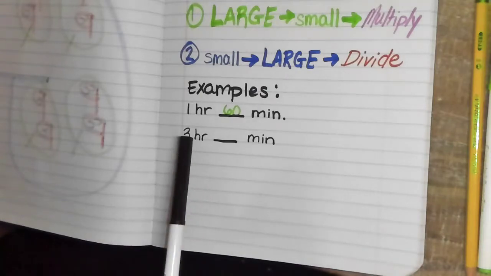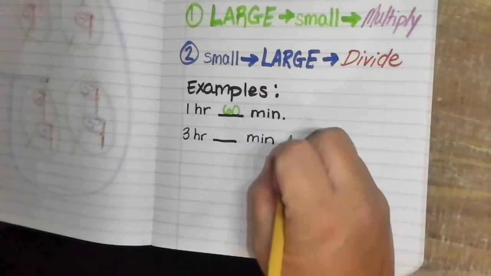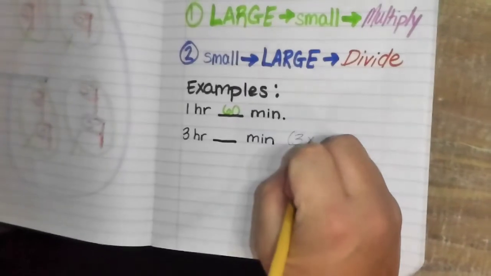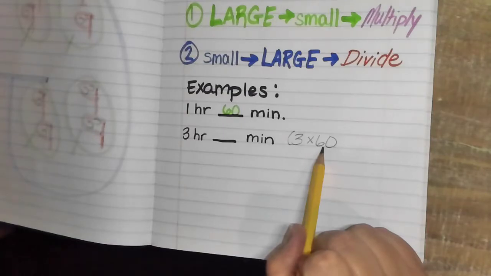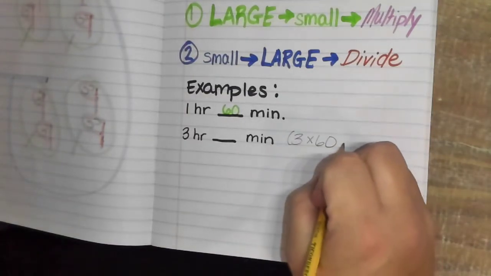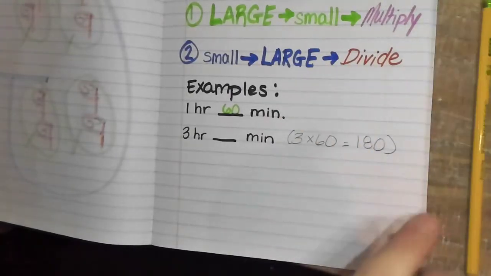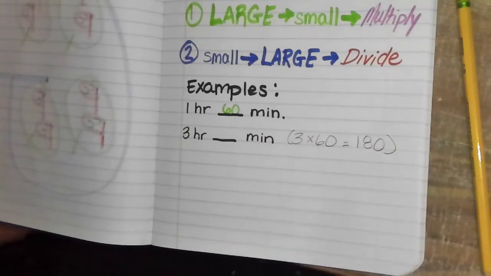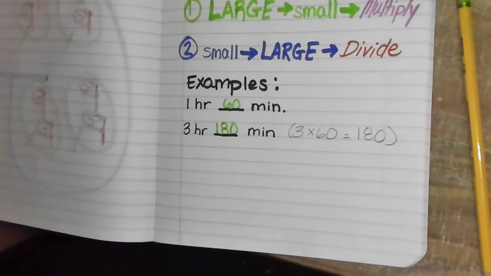So I have 3 and I'm going to multiply it by 60 to get my answer. Now, we all know that 3 times 6 is 18. So if 3 times 6 is 18, then 3 times 60 is 180. So 3 hours would equal 180 minutes.